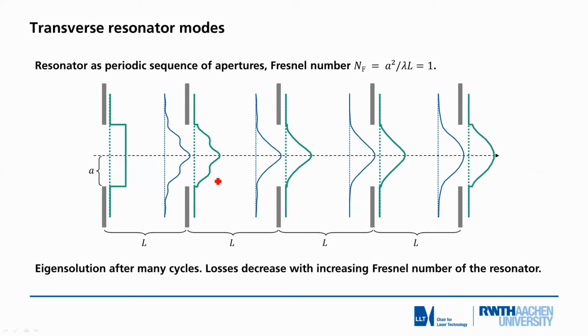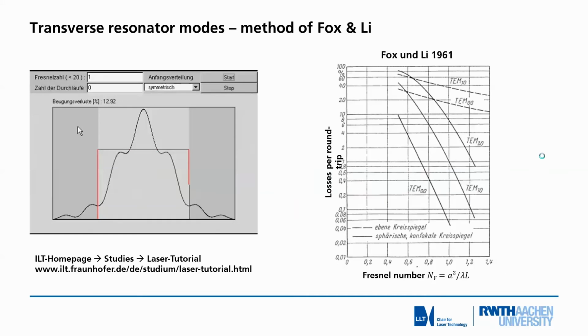Again, this will then be subject to diffraction, and so on and so on, and ultimately we will end up with a solution which looks like this. It's a Gaussian shape, and this Gaussian shape will of course be cut off at the boundaries where the aperture or the reflecting mirror can be thought, and then it reproduces itself after a certain number of passes. And that is the eigensolution of this resonator.